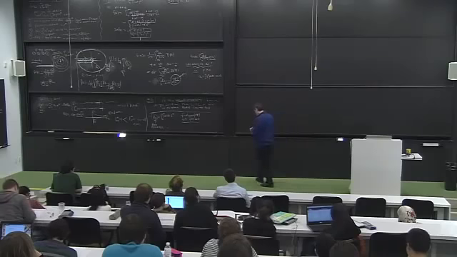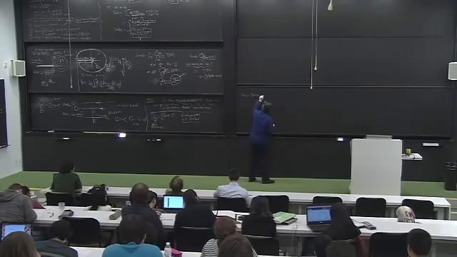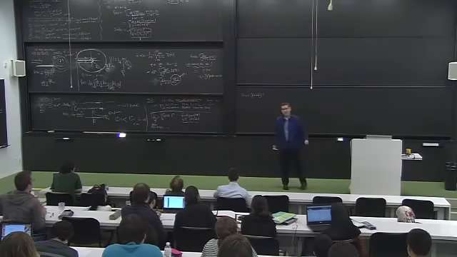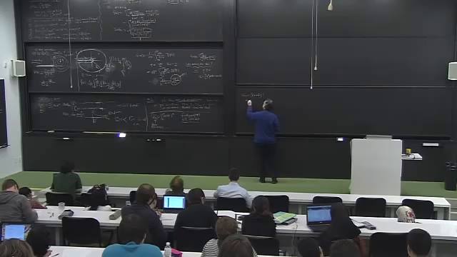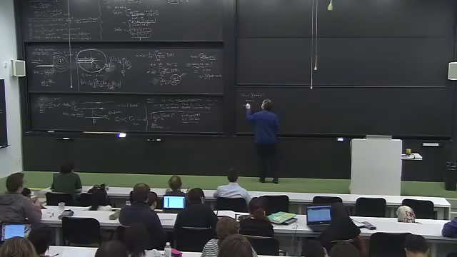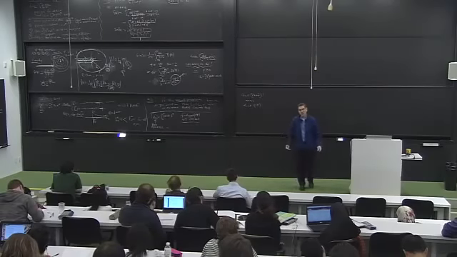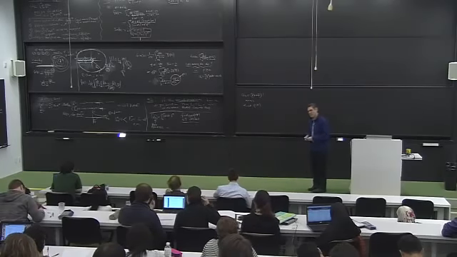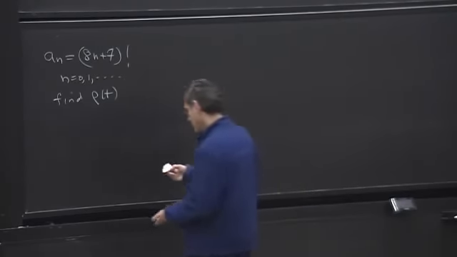The moment problem is a sub n is 8n plus 7 factorial. Okay? This is some random moment problem. So this is a bunch of numbers for n equals 0, 1, 2. And the problem is to find rho of t. I gave you the moments. You have to solve the problem. Got it? That's the moment problem. All right, so let me write down the answer.